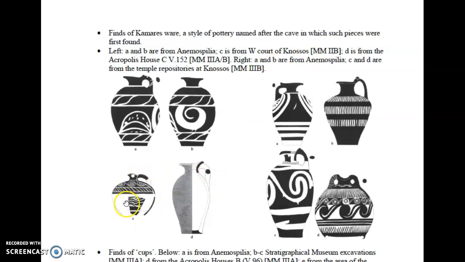So these ones from Knossos are from the Middle Minoan 2B and 3B, and from Acropolis House, Middle Minoan 3A and B.